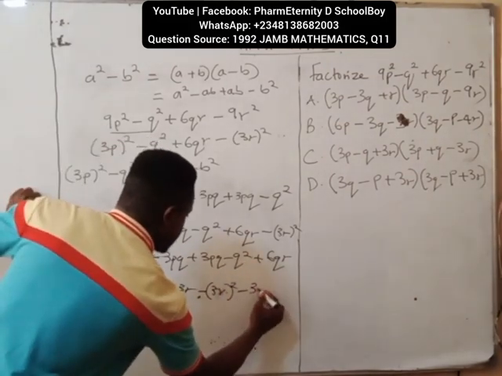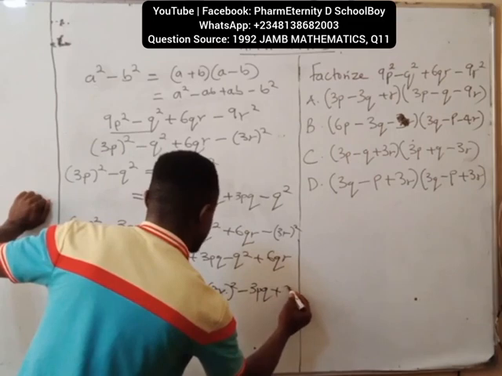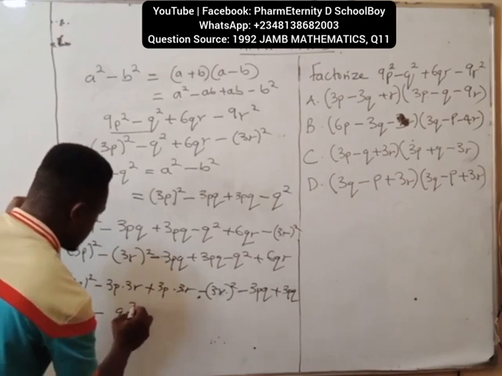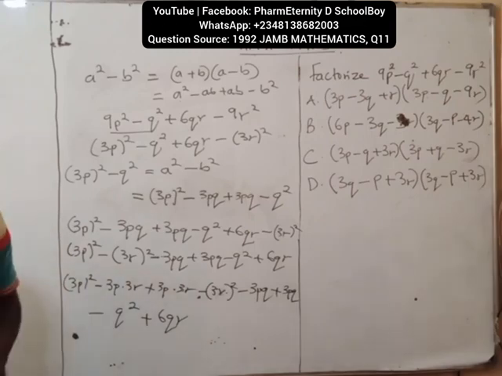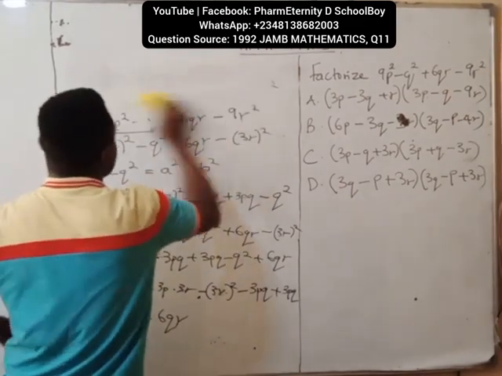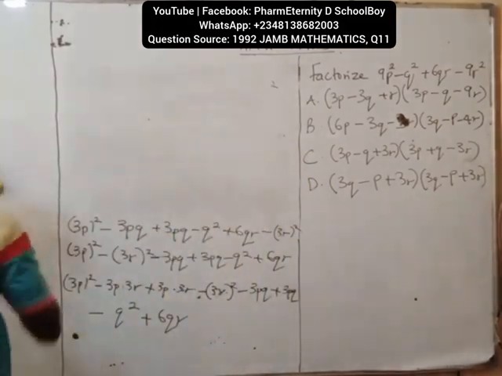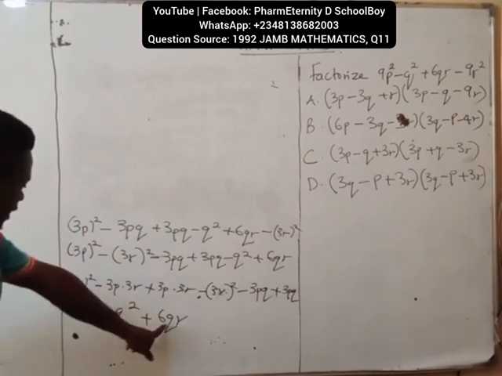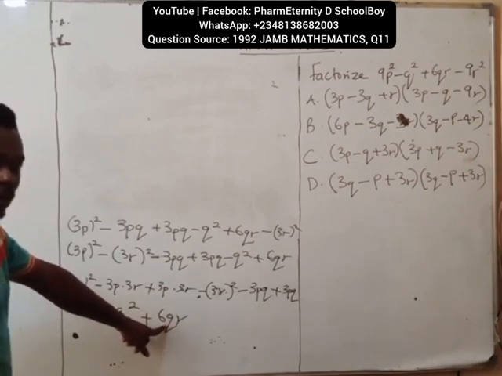We have minus 3pq plus 3pq minus q squared plus 6qr. So I can clean up from here now comfortably. Let's take a good look at this now. I can still expand this further to get 3qr plus 3qr again.